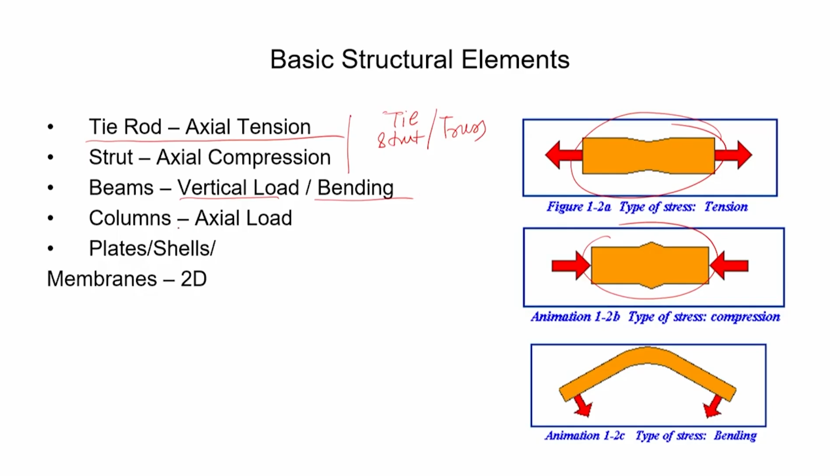Then the columns. Columns are predominantly for transfer of axial load. And then we have two-dimensional systems like plates and shells. The difference between plates and shells is in terms of thickness. If the same system is very thin, then it becomes a shell, and also shells are generally curved in nature, whereas plates are two-dimensional but like a flat panel.